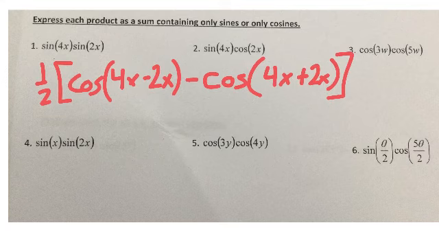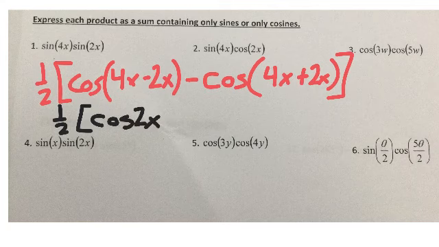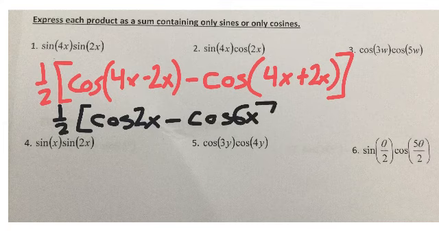Okay, so when I simplify that down, cosine of 4x minus 2x would be cosine of 2x minus, and then cosine of 4x plus 2x is going to be cosine of 6x. So I've got 1/2 cosine of 2x minus cosine of 6x.